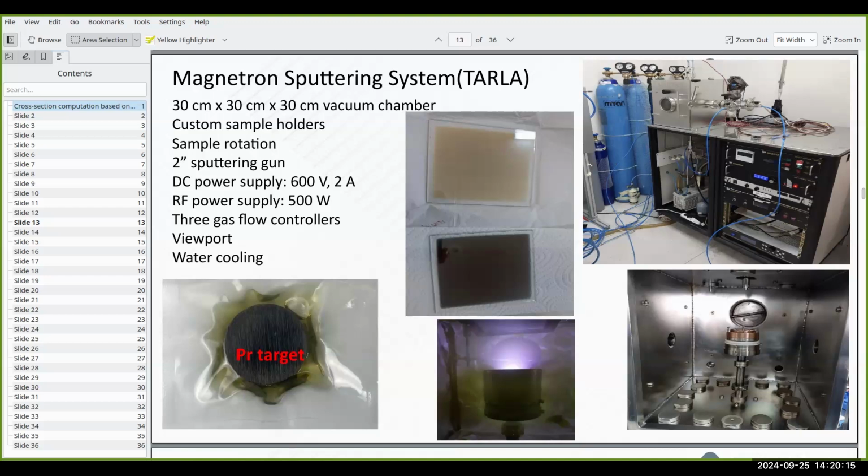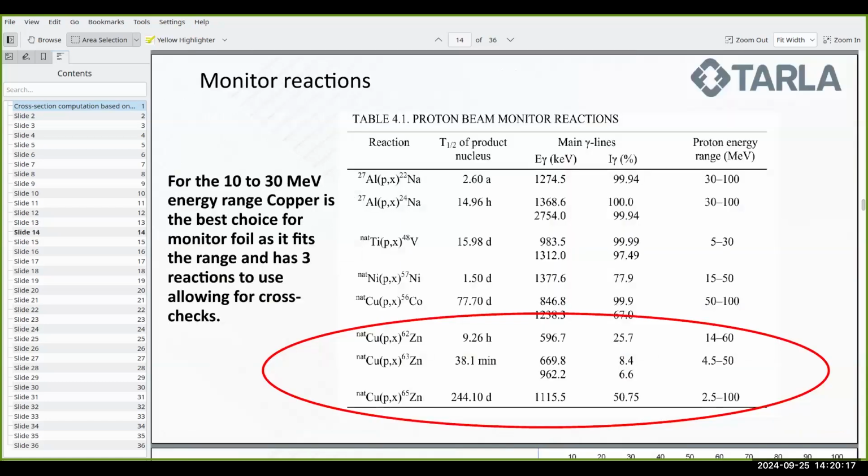Now, to design the experiment and to see what kind of reactions are suitable for monitoring, we looked into what is possible. Typical monitoring reactions include aluminum, titanium, nickel, and copper. In our case, due to the energy consideration, copper was the most appropriate.